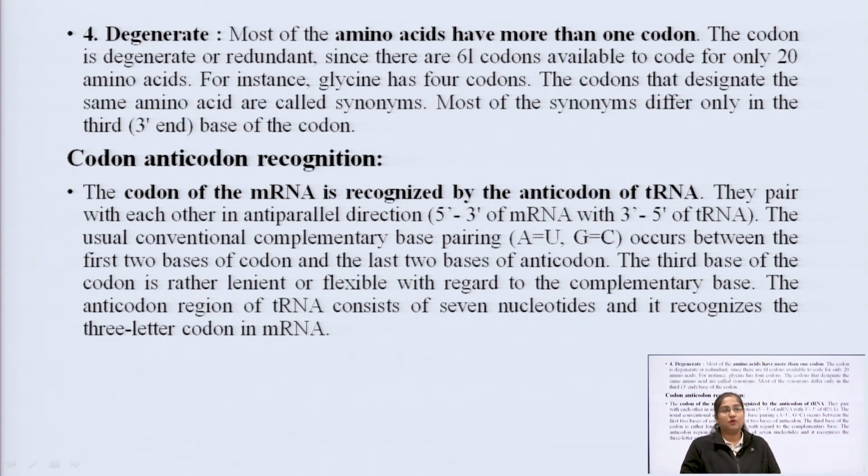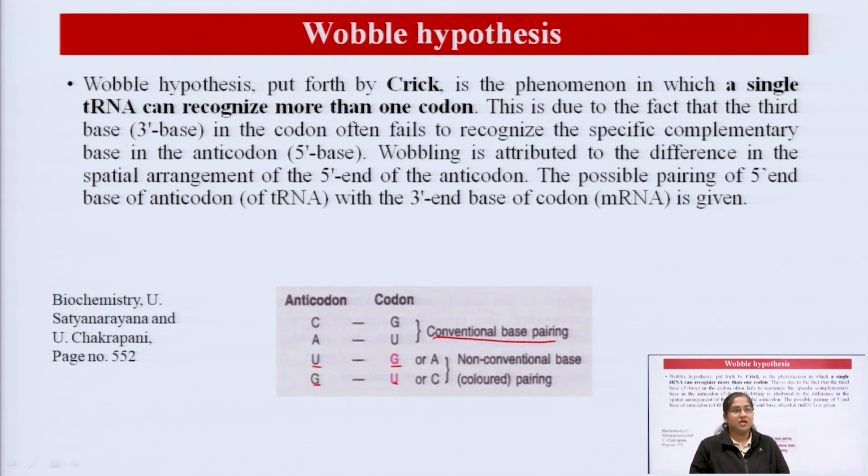If there is adenine, it will definitely bond with uracil. If there is guanine, it will definitely bond with cytosine, and vice versa. Now, the Wobble hypothesis, which was given by Crick, says a single tRNA can recognize more than one codon. He suggested that. So, there is the conventional base pairing method and the non-conventional one.